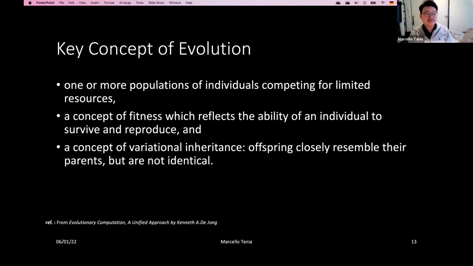And it brings us to the second concept, fitness, which reflects the ability of an individual to survive and reproduce. So what does it mean? The concept of fitness in evolutionary algorithms is very important. The one who has stronger genes is the one who can survive.